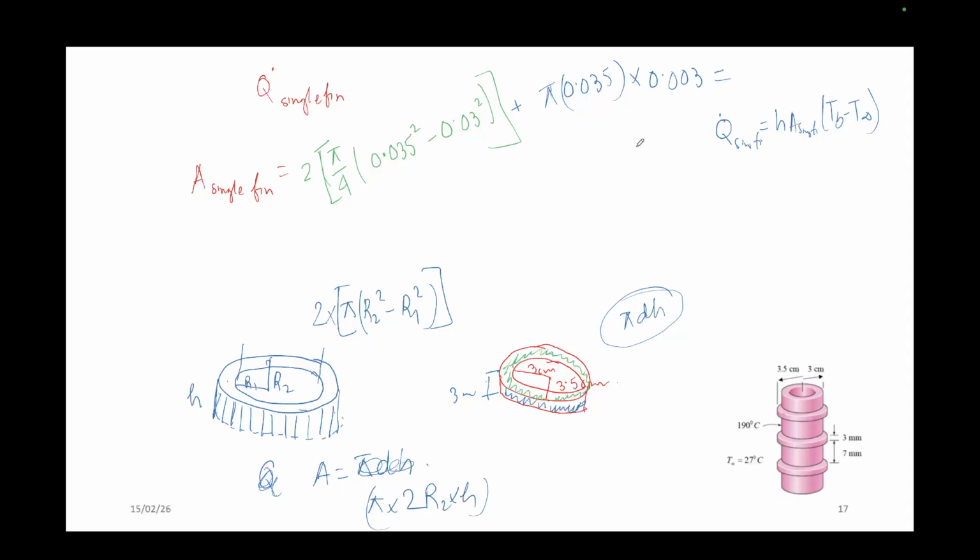So I just add all these things. Now it is clear. So you get the area of heat transfer from a single fin. Now it is clear. Please tell.